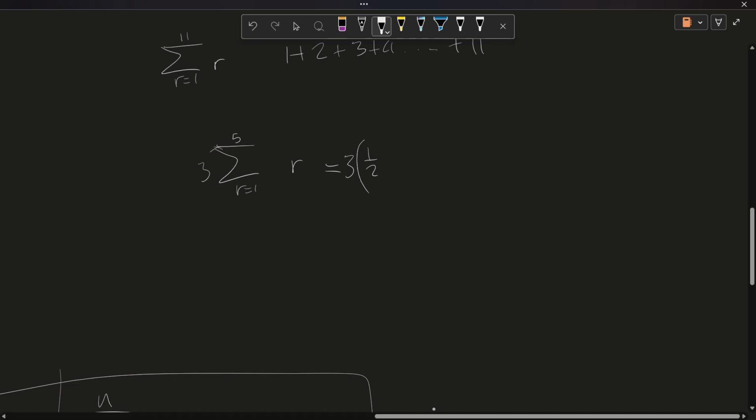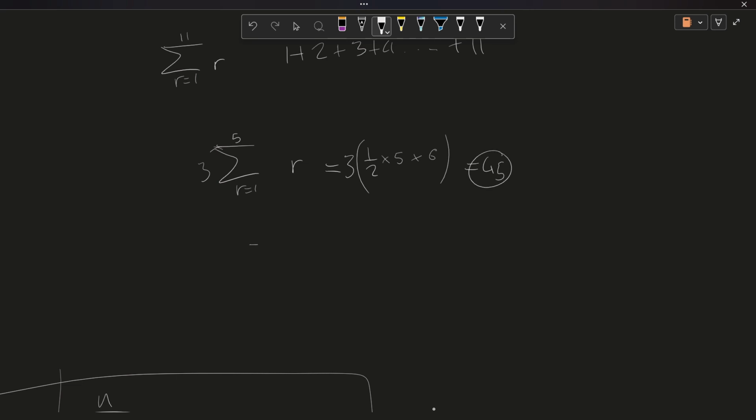So 3 times 1 over 2 times 5 times 5 plus 1, which is 6, so 30 over 2, which is 15, times 3, 45. 45 is our answer.